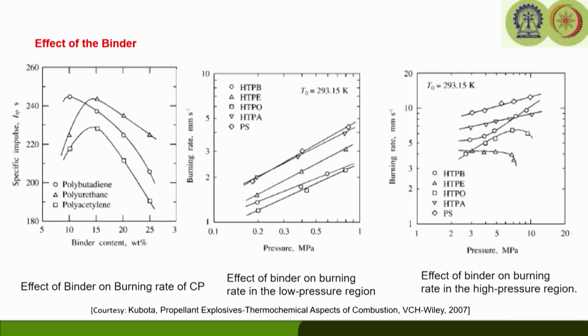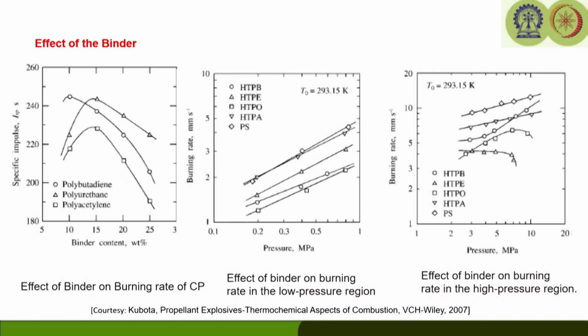Along with that, different physiochemical properties are also involved. Now, we have seen that specific impulse is also dependent on the type of binder and mass fraction of the binder, and once they are mixed with the AP particles, their performance is going to change.